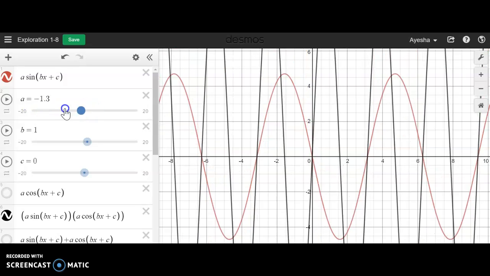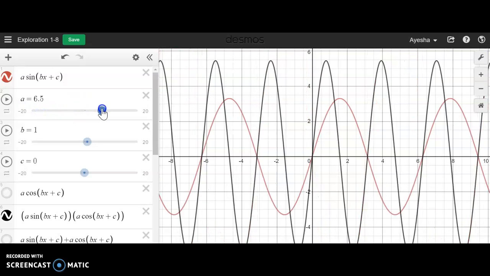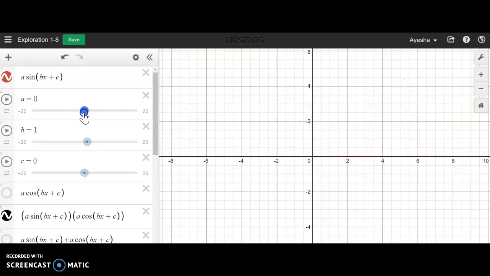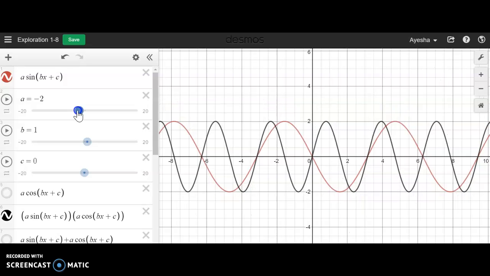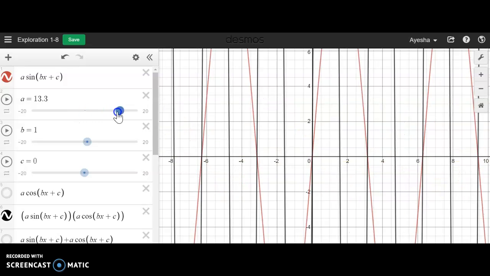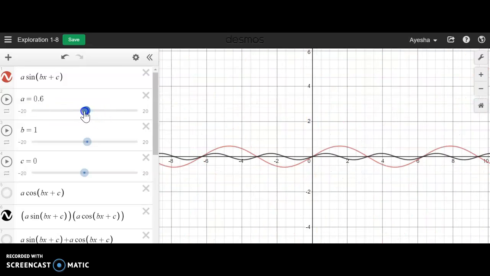So going to negative numbers doesn't necessarily do anything for us, except once we're at 0, let's see what happens when we're at 0. When we're at 0, we have just the x-axis as our graph, and then we just have the absolute value of the a value that's changing the amplitude of h of x.